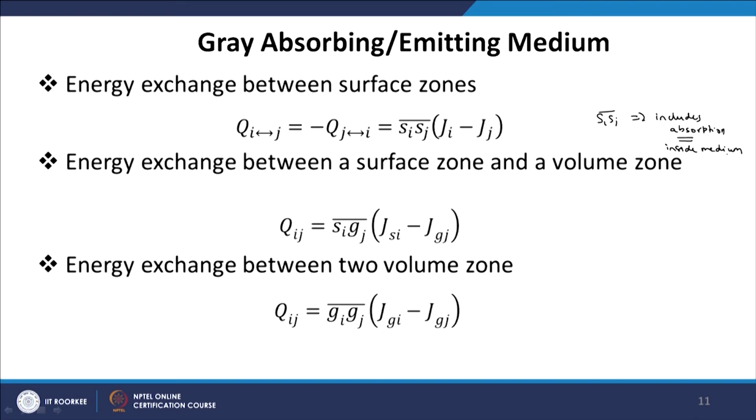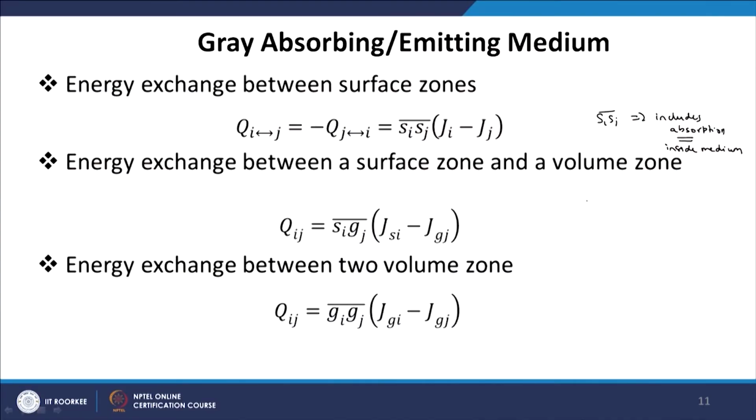In addition to surface exchange, we write surface to gas zone exchange. So, Qij is the energy transfer between surface zone i and gas zone j, which is written as the product of Sij, where Sij is the direct exchange area between the surface i and the gas j, and the difference in radiosity.